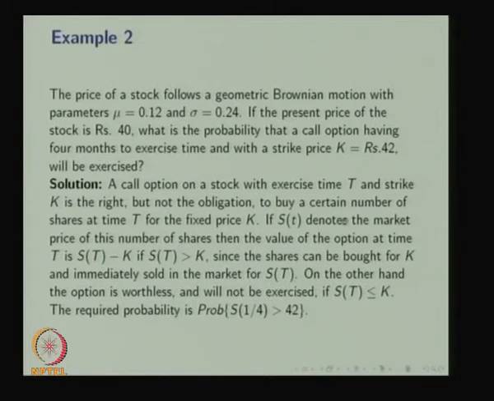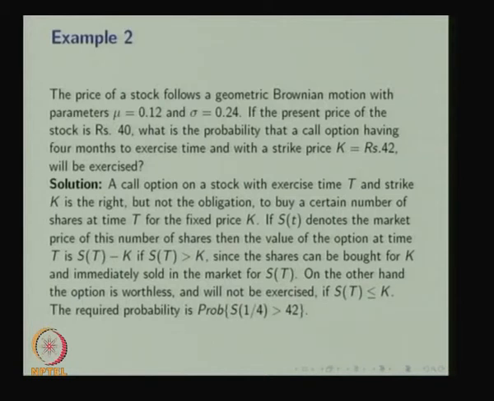If S(T) denotes the market price of this number of shares, then the value of the option at time T is S(T) minus k if S(T) is greater than k. That is, if the price is greater than k, then the value of the call option is S(T) minus k, since the share can be bought for k and immediately sold in the market for S(T).